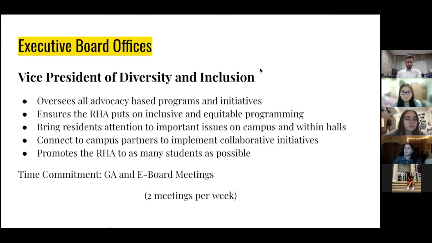So the Vice President of Diversity and Inclusion, unfortunately, Jahan is not with us, but I can go over this briefly. This is really all about advocacy. So really making sure that RHA is partnering with cultural organizations on campus and making sure that we're really representing everyone, not just the people who come to us for funding.